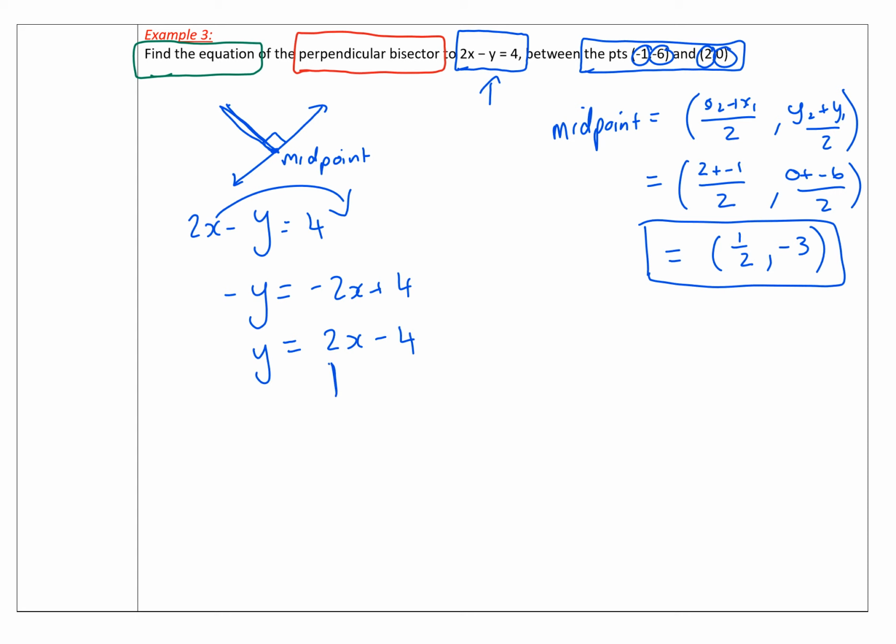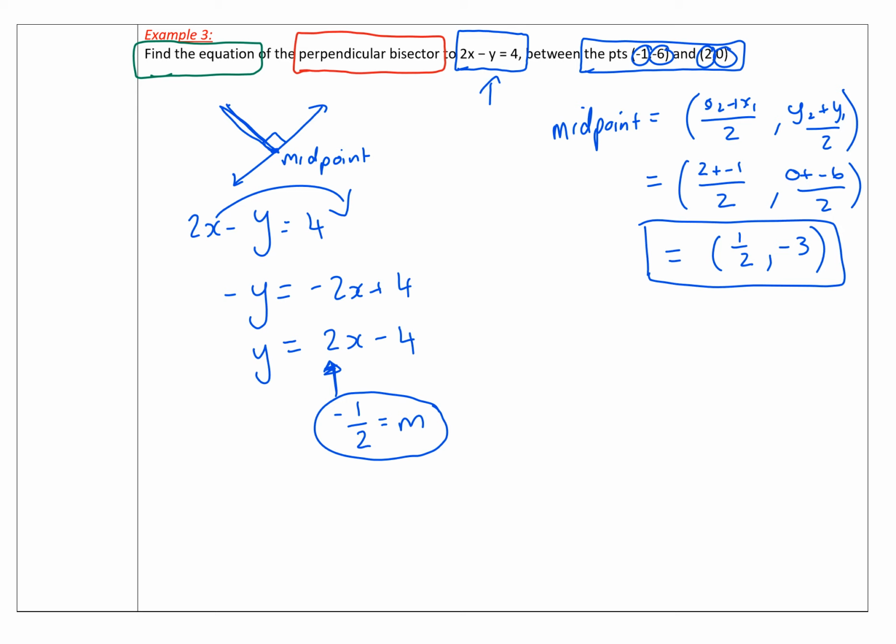So the gradient, which is perpendicular to 2, remember we flip and negate, is negative 1/2. So this is equal to the gradient I want. It's perpendicular to 2. With those two bits of information, the process is the same. So I've got what I need.